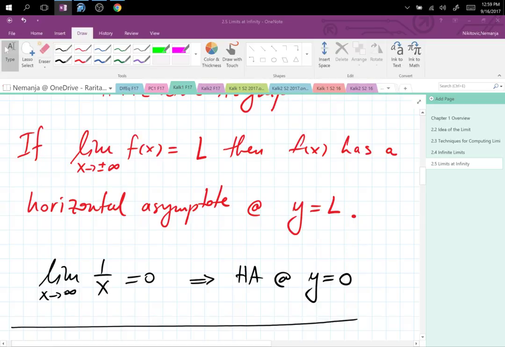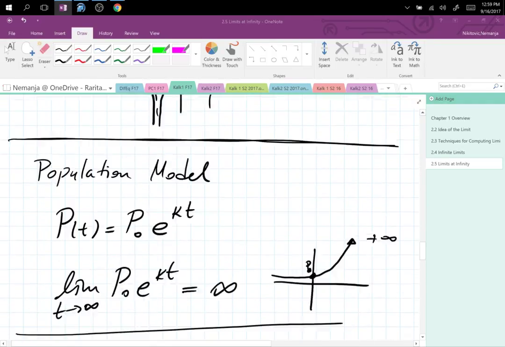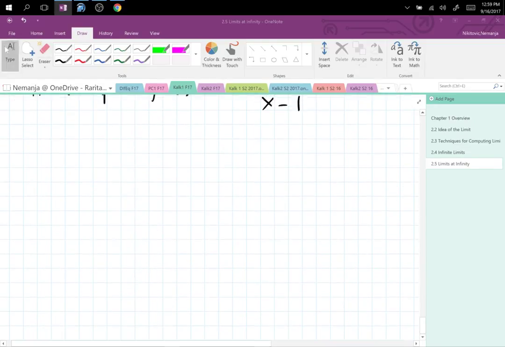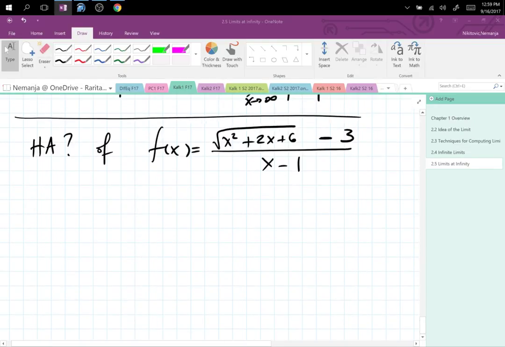Obviously, you know how to take the limit, but that's not the matter of this section. That's the matter of previous sections. So you build up. The question says, where's the horizontal asymptote? I learned that the way to find a horizontal asymptote is to find the limit as x goes to infinity.